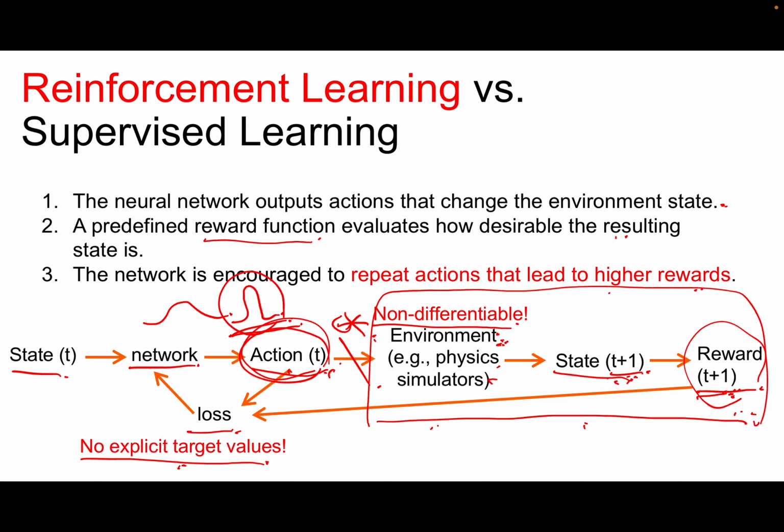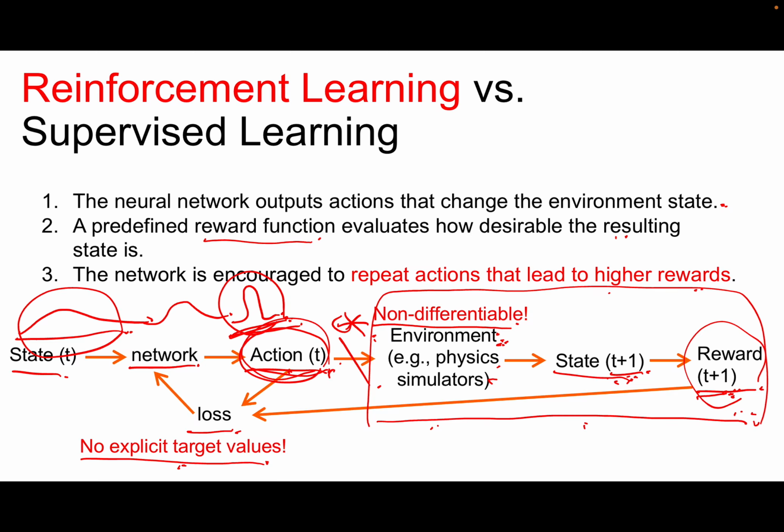So we need to design the network to explore the environment and try many actions. And there is a trade-off, right? If the distribution is too uniform, the standard deviation is too high, like this one, then we cannot make the network converge. If we try too many things, the convergence speed will be too slow. But if the network does almost the same thing, because the standard deviation is too small, then it cannot explore the environment, so it might be stuck in a local minimum. So the standard deviation of the action distribution is an important hyperparameter.